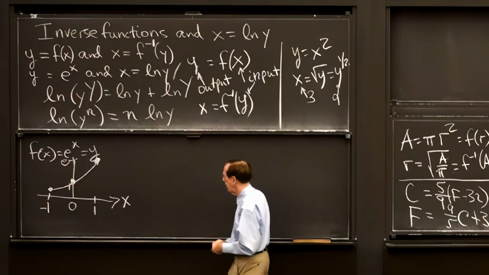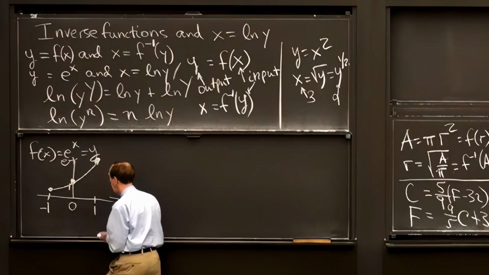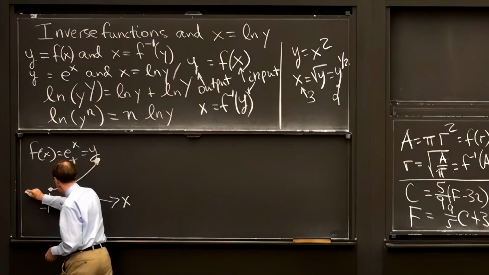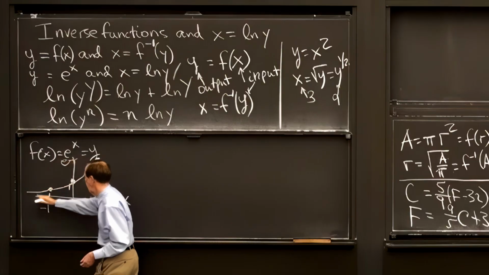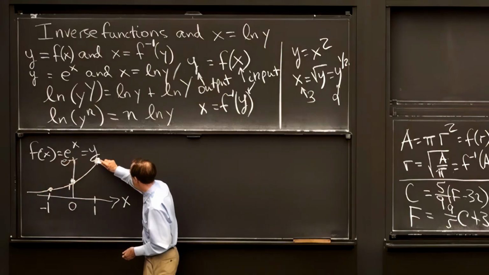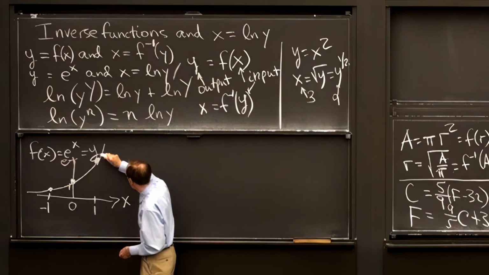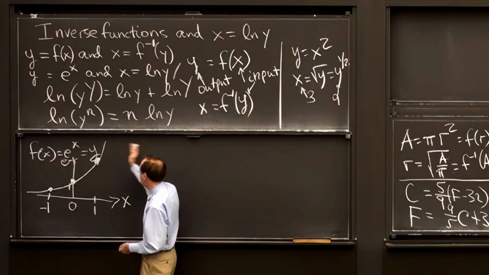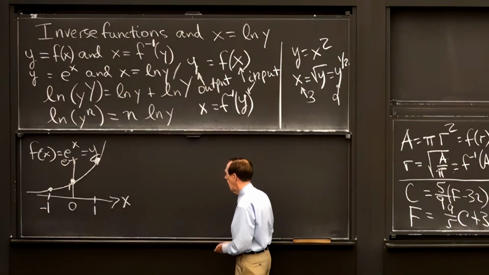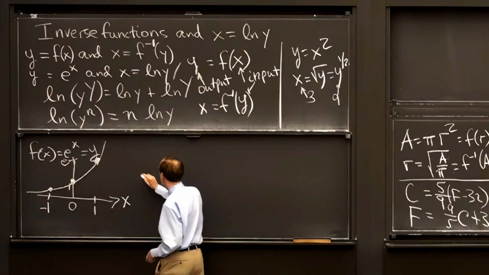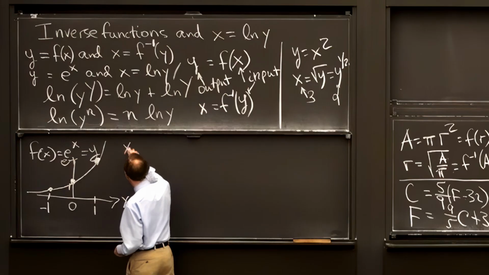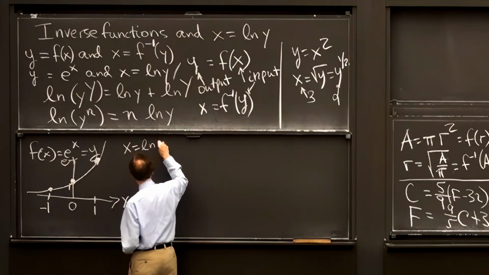And so I want the inverse function. Of course, this graph continues, gets very, very small. It continues up here, gets very, very big, but keeps going. Okay, now ready for x equal log y.